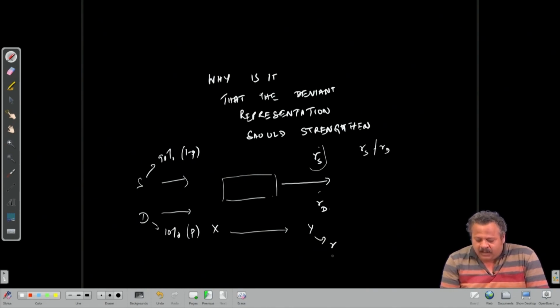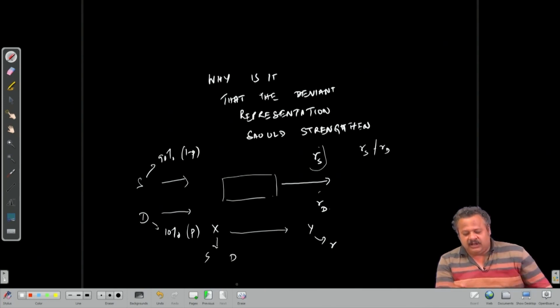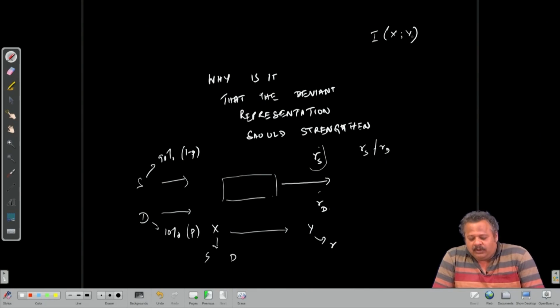There are two kinds of mean responses to the two stimuli, and X is the input with the two stimuli S and D with probabilities as given, 1 minus P and P. There is a mutual information I between X and Y, the input and output, where Y is the rate response and X is the stimulus identity associated with different probabilities, and the rate response also has different probabilities.